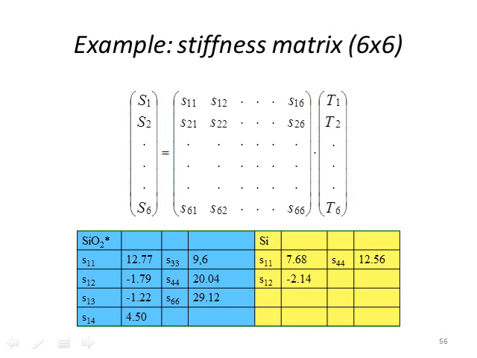Depending on the type of material, these coefficients will be given certain numbers. So this is an example for silicon dioxide, and on the right, this is for silicon. All other terms for silicon, other than S11, S44, and S12, are going to be 0. So it's a very crystalline material in a particular direction.